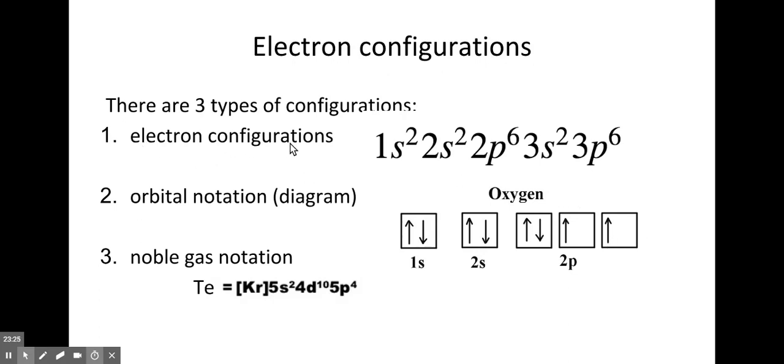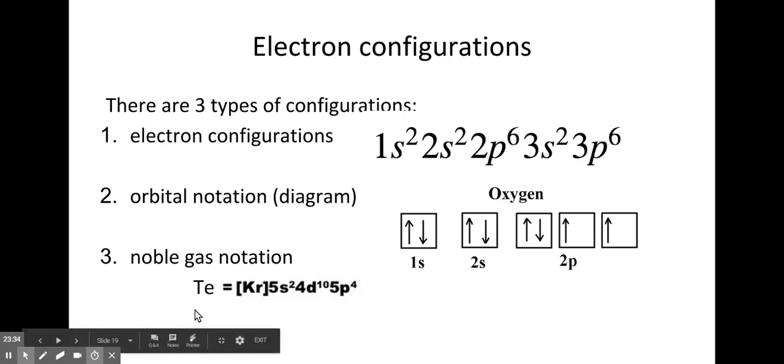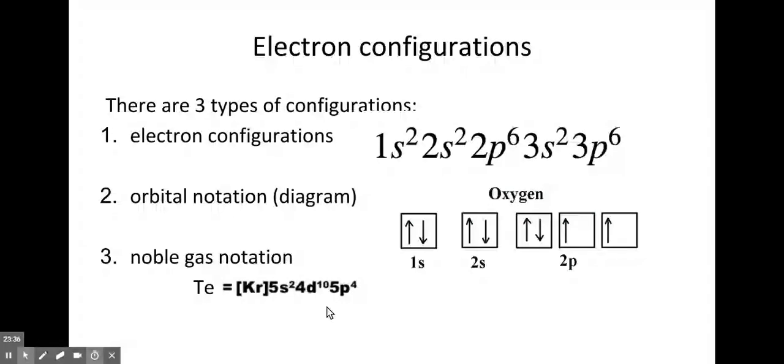So you need to know electron configurations look like this. Orbital diagrams or orbital notation is the one with the arrows. And then there's the noble gas notation, which is typically used for larger atoms like tellurium we have here, where the electron configurations can get very, very long. And we're usually really wanting to know about the valence shell of the electron, because that's where all the chemical reactivity occurs.